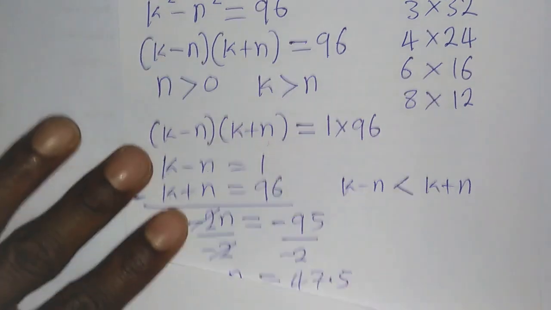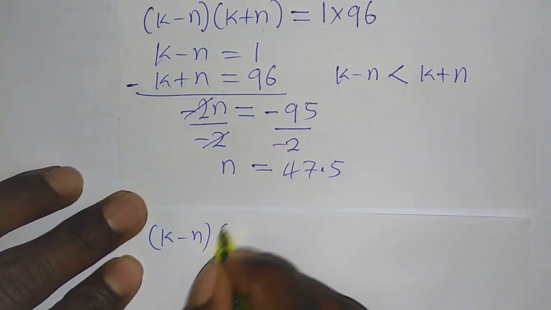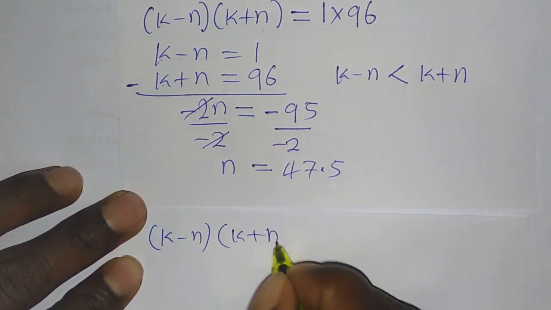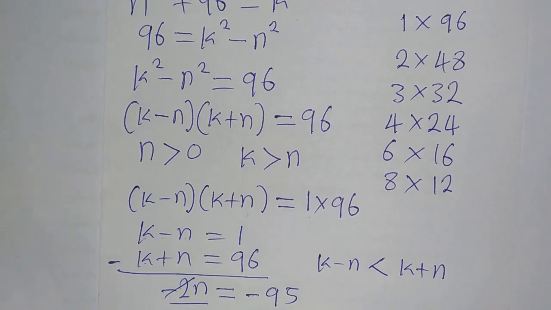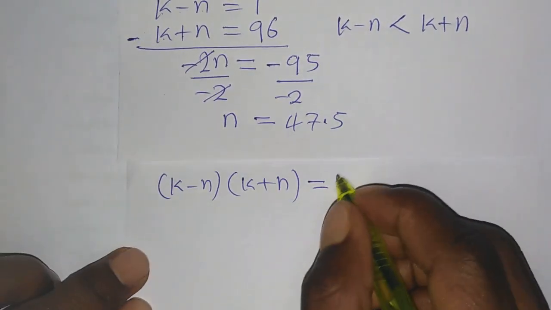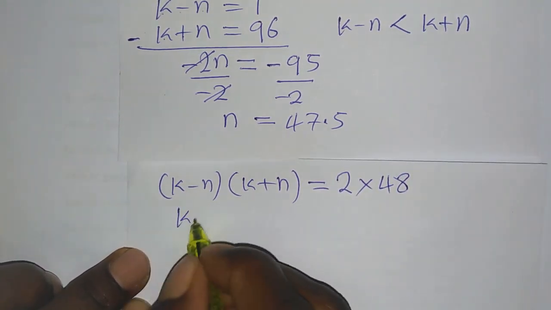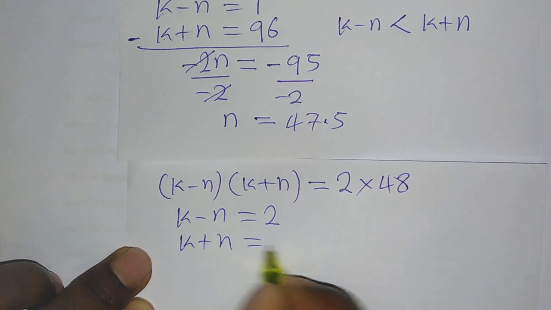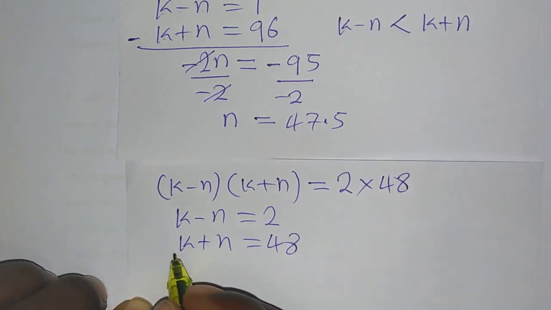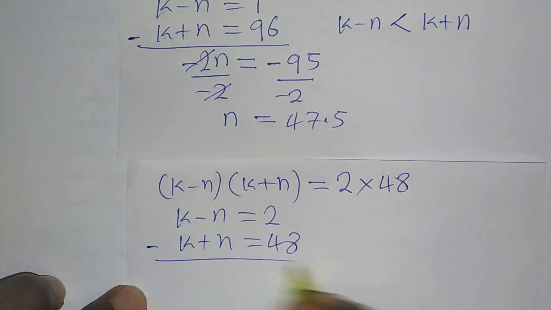Now, we have k minus n into k plus n equal to 2 multiplied by 48. Then k minus n equal to 2 and k plus n equal to 48. We got another simultaneous equation, then we can subtract the two equations.